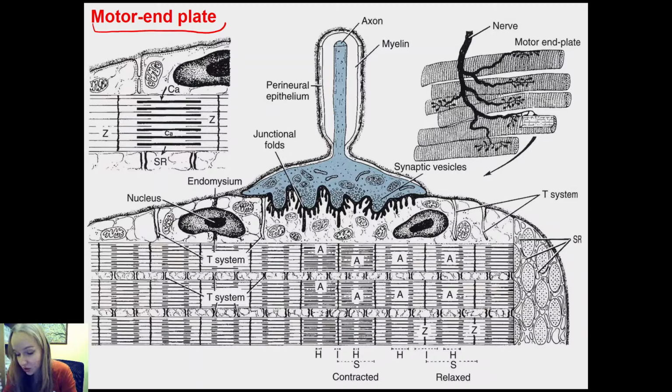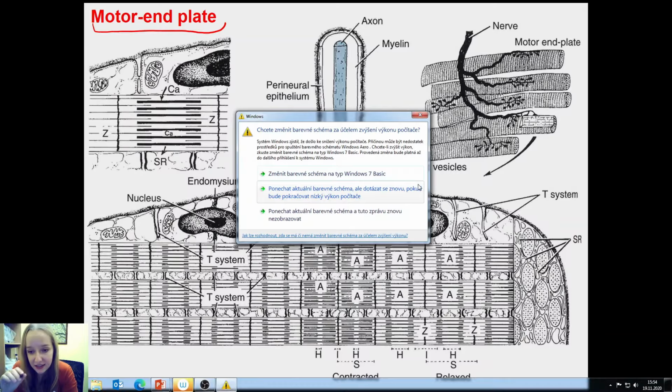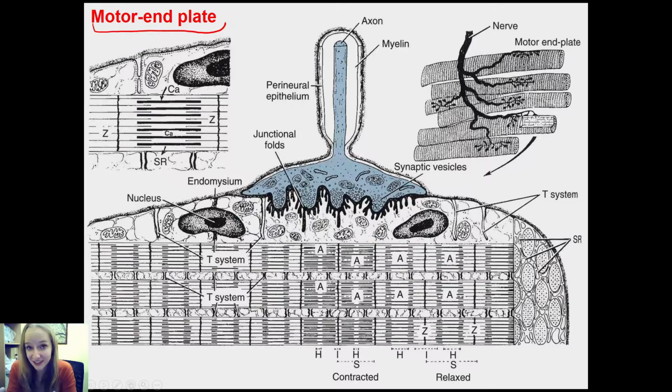And you already know from the lecture about nerve tissue that an axon doesn't branch. Dendrites branch, but there is only one axon, and it doesn't branch. But at the end, it branches, creating something called terminal arborization, which is just like this, branching at the end, and they are widening on each branch.